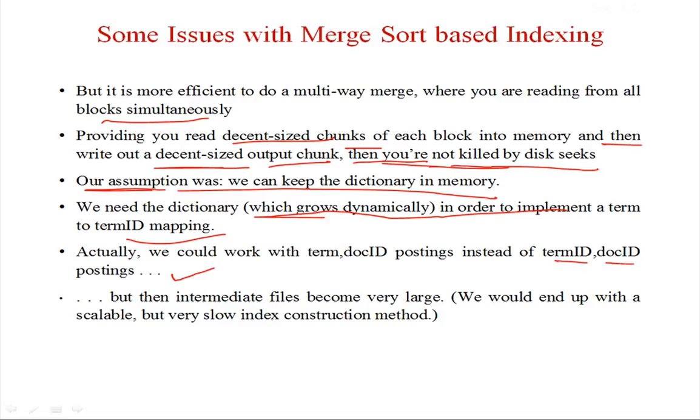It can also save time, because we can save the memory space that is consumed by the dictionary which maintains term and term ID. But then the intermediate file becomes very large and we would end up with a non-scalable and very slow index construction method.